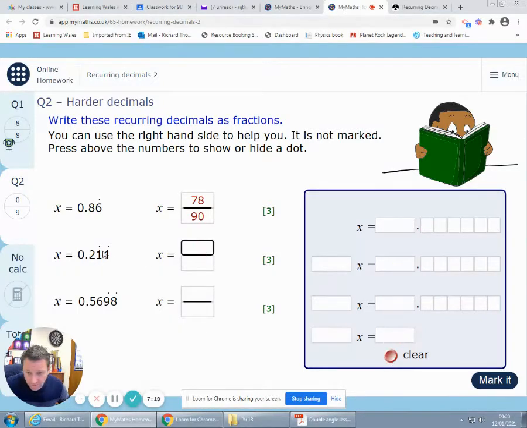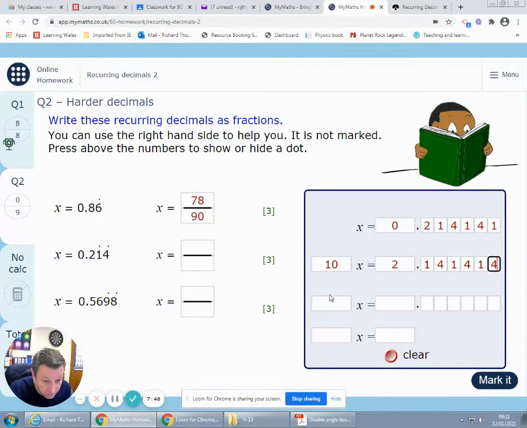Let's try the next one. So it's 0.2, and then the 1,4 is recurring. So 0.2, 1,4, 1,4, 1, etc., etc. Now, if I times this by 10, I'll get 2.141414. And as you can see, they haven't matched up.